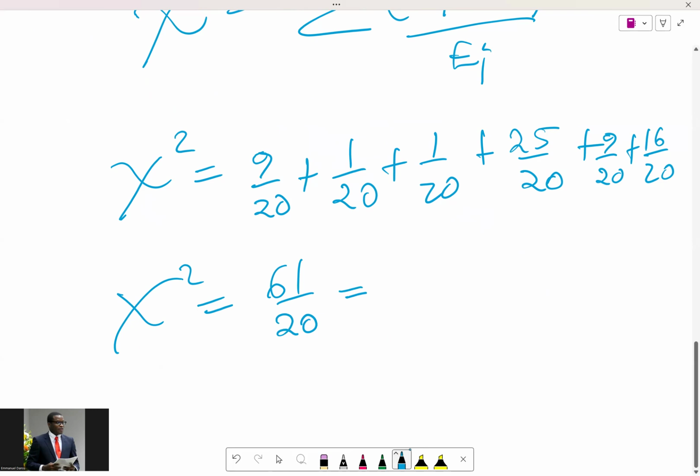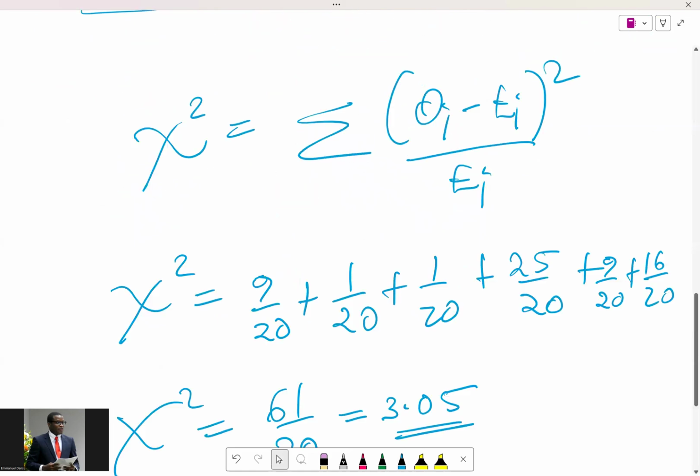So we have 61 over 20, which is 3.05. That's the coefficient of association.